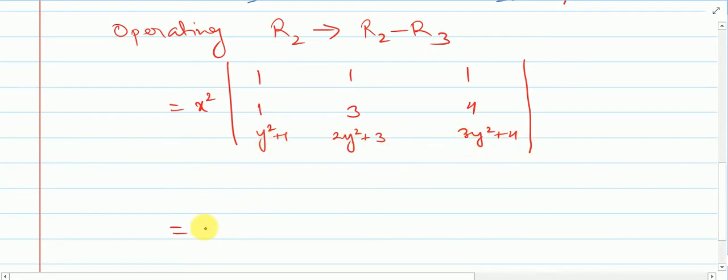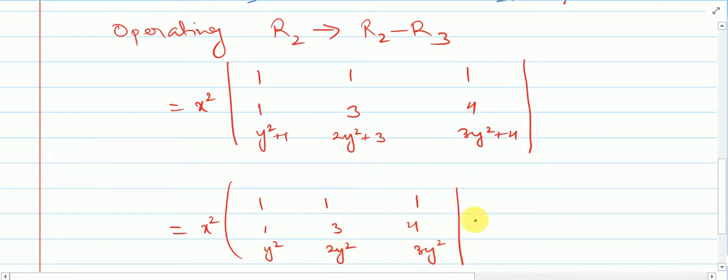So I can write like this, x square, and this single determinant, okay, this can be written as sum of two determinants. One, one, one, 1, 3, 4, 1, 3, 4.